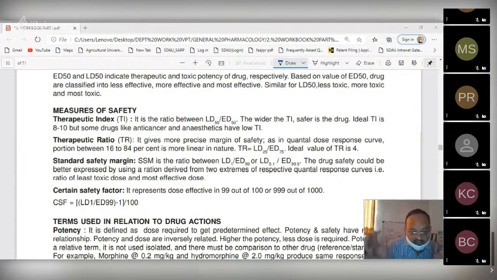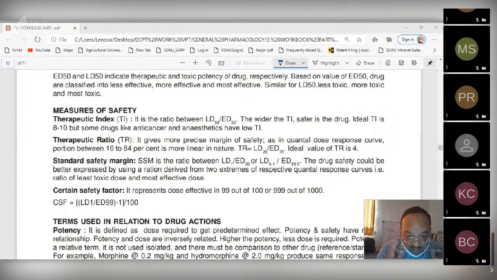That means we are reducing the chances of the lethal effect from 50% to 25%, and from 25% to 1%, or from 1% to 0.1%. And at the same time, we are increasing the chances of the therapeutic beneficial effect from 50% to 75% to 90% to 99%.